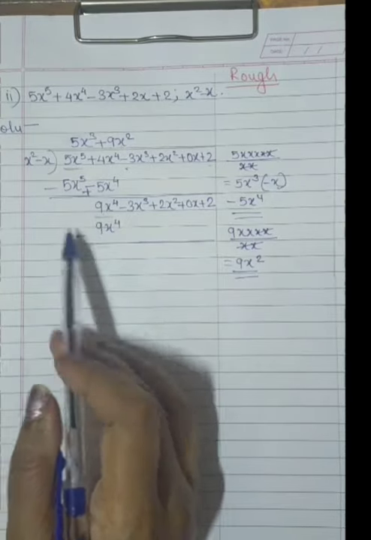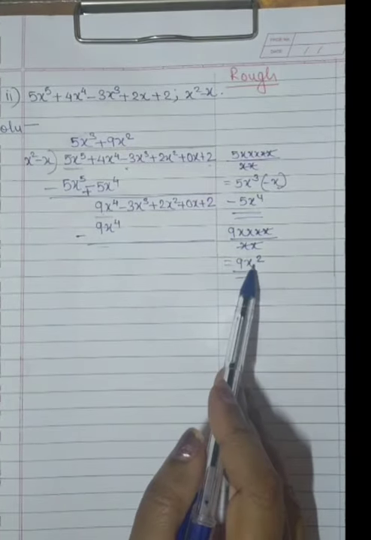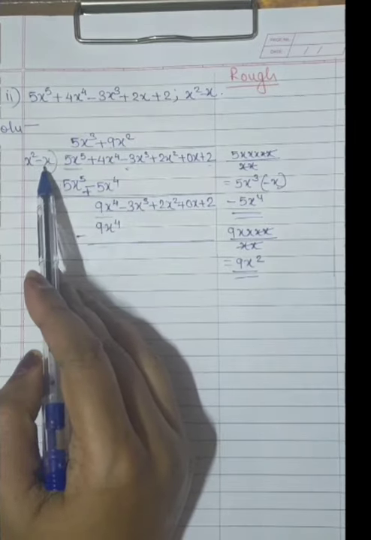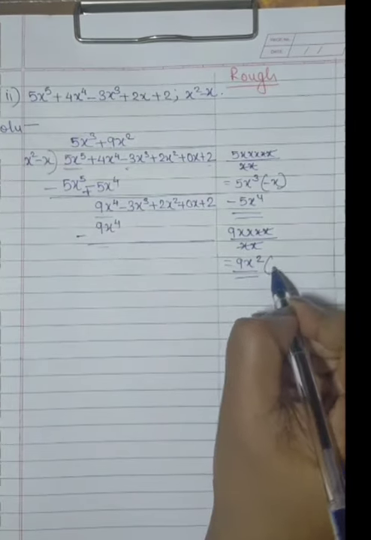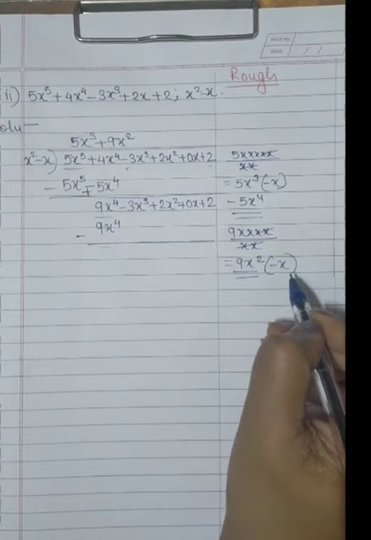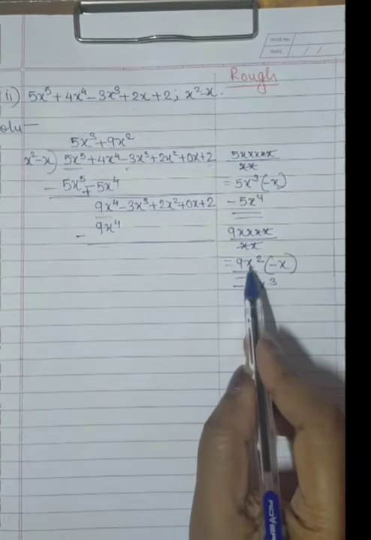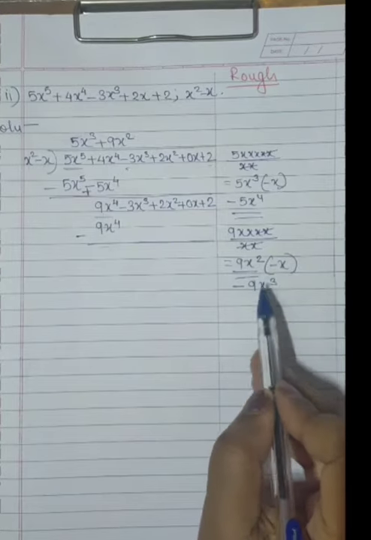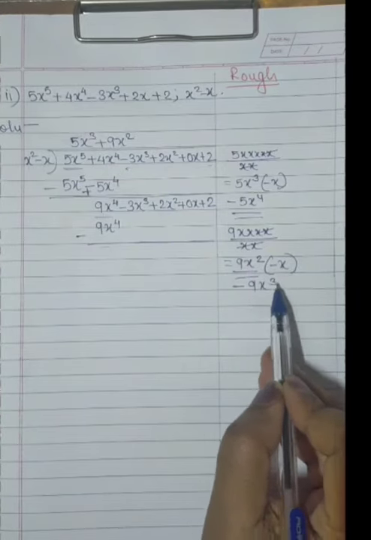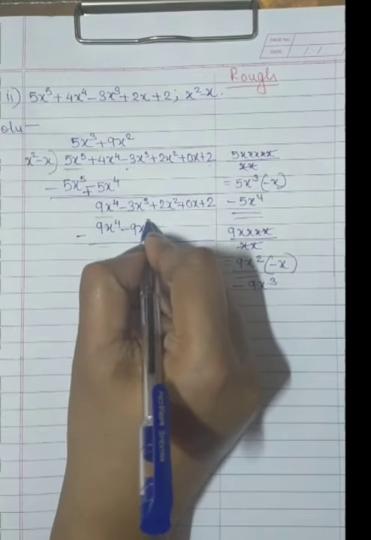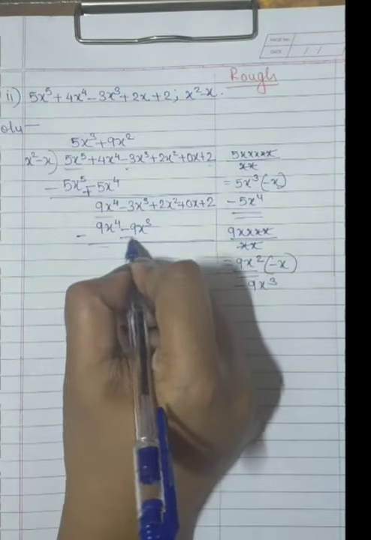Now again next step is what? We have done this step. Now 9x² will get multiplied with x, that is minus x. Then we will get minus 9x³. Cube why? Because 1x is here, so it will become minus 9x³. So we will write here minus 9x³. Again here the sign will change.